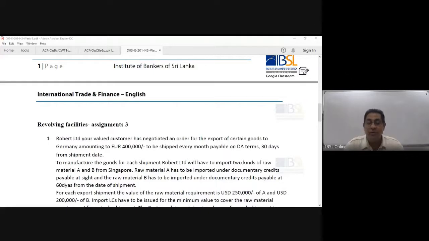Right, to answer this question, you have to work in the export division, right? Now this modern garment, that is Sri Lankan customer exporter, is sending a children's garment to a buyer in Germany.